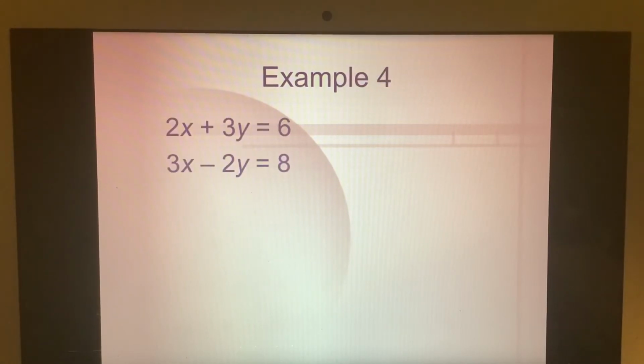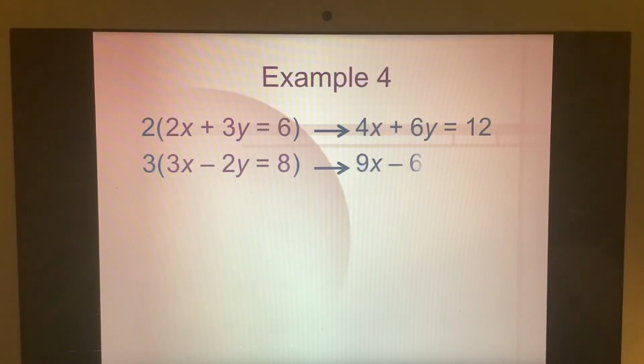Now, example number 4. Here are my two equations, and in order to eliminate one of the variables, first I'm going to take the top equation and multiply that by 2, and then the bottom one multiply by 3, because then that will give us two equations where we can eliminate the y.